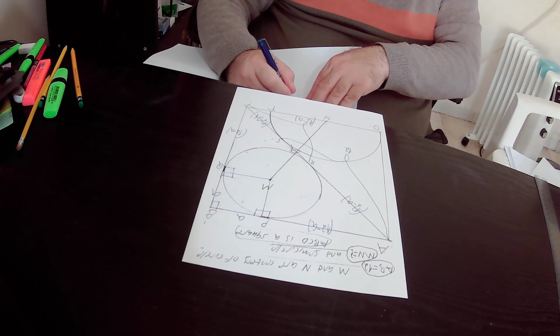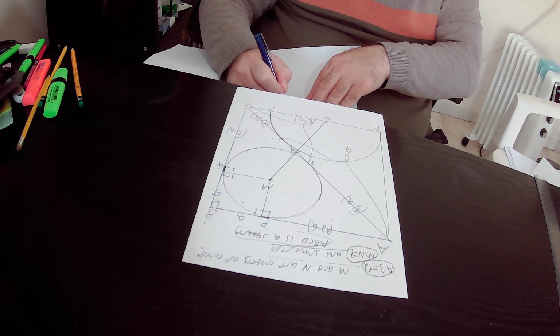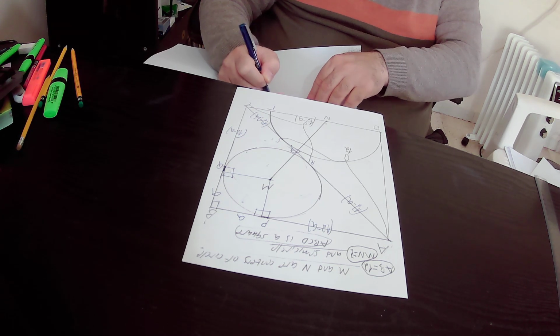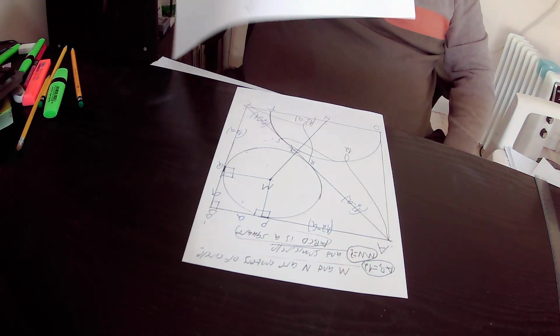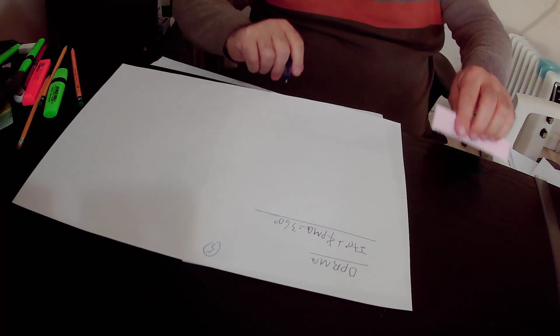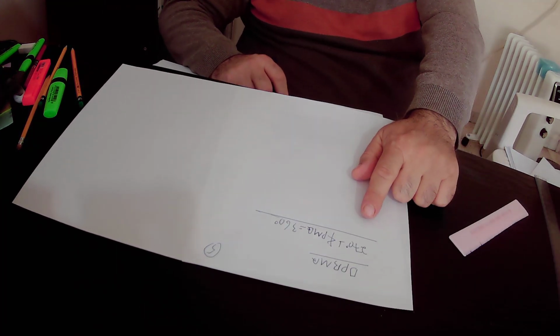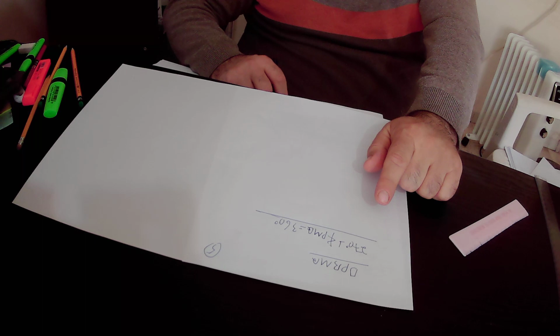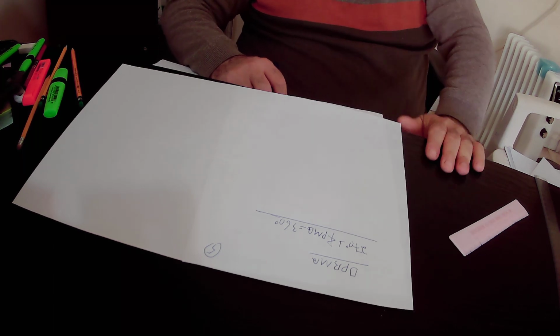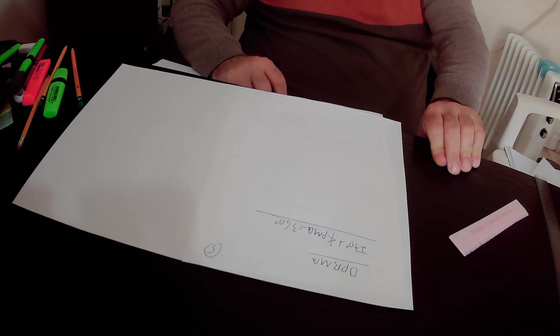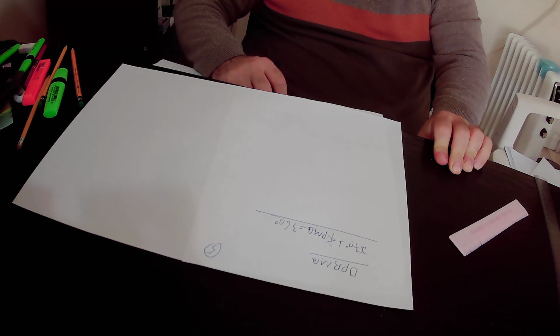In total, the sum of those 4 angles must be equal to 360 degrees. I repeat again, the sum of 3 right angles is 270 degrees plus the size of the fourth angle. In total, they must be equal to 360 degrees, according to the rule that the sum of the angles in any quadrilateral is equal to 360 degrees.